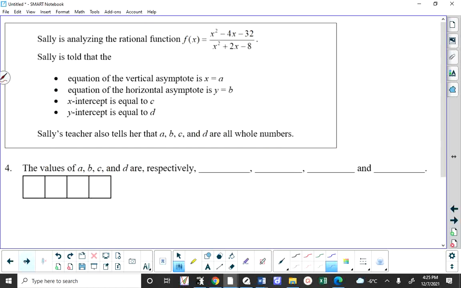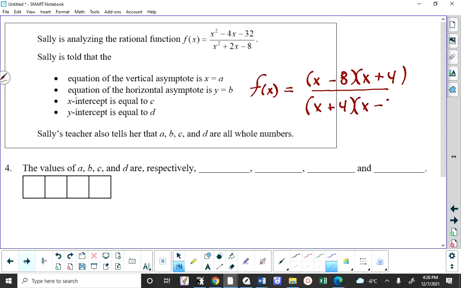Sally has a rational function. She's told a number of things about this rational function and asked to determine them. So what is the equation of the vertical asymptote? Well, you're going to have to factor this. You're going to have to look at the factors in the numerator and denominator. I'm going to double check my work here.